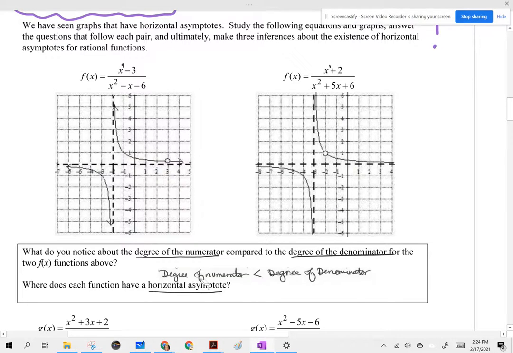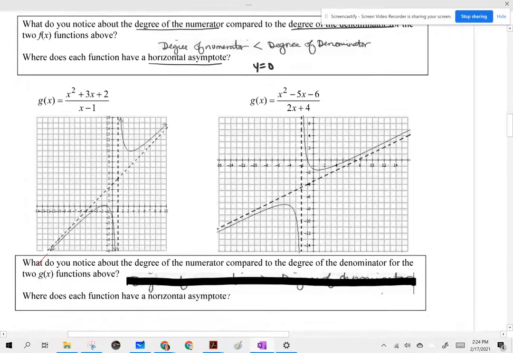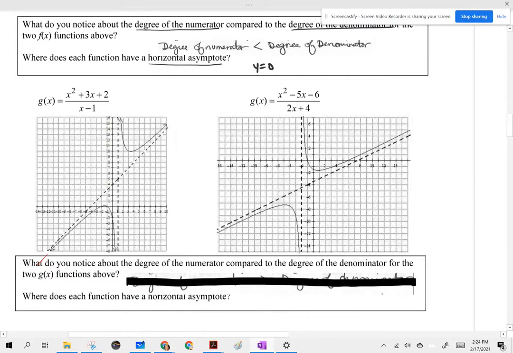Okay, so hopefully you were able to see that the degree of the numerator is less than the degree of the denominator. And on each of those functions, they both have a horizontal asymptote of y equals 0. All right, so let's take a look at this example. We don't see a horizontal asymptote, but we do see some sort of slant asymptote, right?